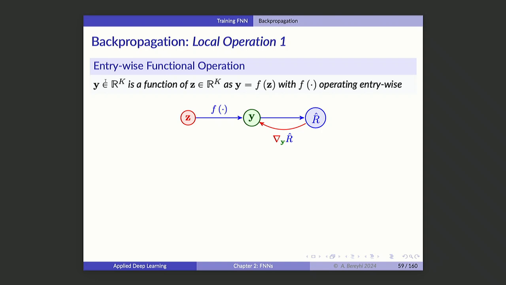So this was the first case. In the first case, we assume that this f is an entry-wise function, meaning that f is operated on every single entry inside z and gives you the corresponding entry of y. So if I want to move backward here, what should I do? If I know the gradient of r hat with respect to y, how can I calculate the gradient of r hat with respect to z?